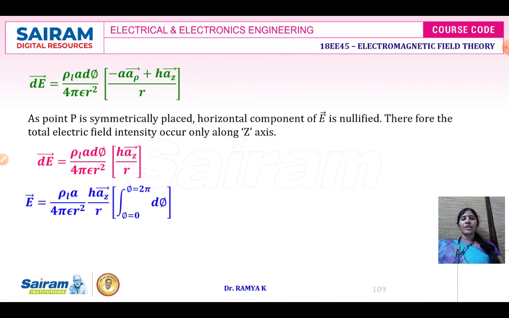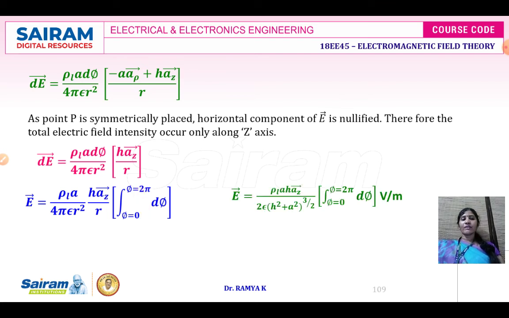Then you will get the equation E is equal to the integral with respect to phi, with the limit phi equal to 0 to 2 pi. Why? Because the differential elemental length can vary all over the 360 degrees, so phi varies from 0 to 2 pi.